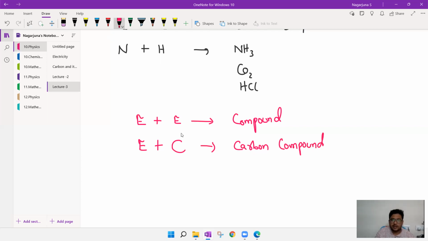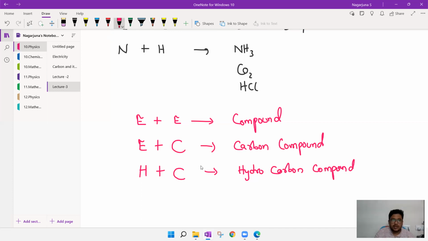Try to understand. If there are different elements, it is just a compound. But if there is carbon compulsorily, then that is known as a carbon compound. And if there is carbon and hydrogen, and we don't have any other elements except hydrogen and carbon, then this compound is known as a hydrocarbon compound.